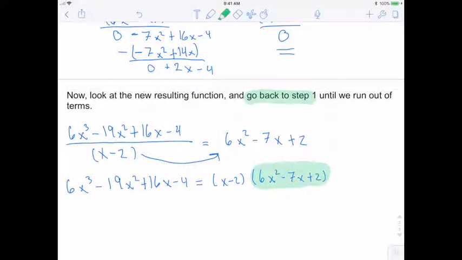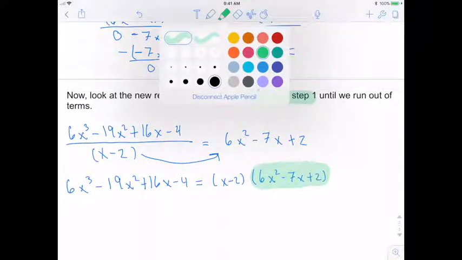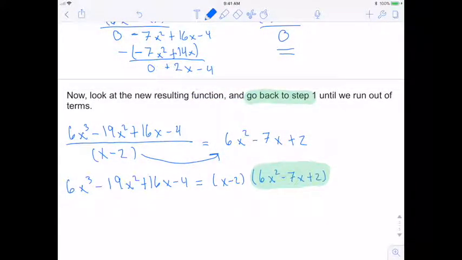And this second term right here is exactly the question mark that we were trying to find before. As well, this is a simpler function that we can factor. So long division allows us to take complicated polynomials and start reducing them until it's something quadratic which we know how to factor.